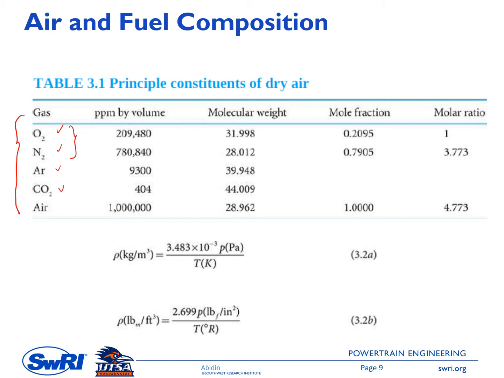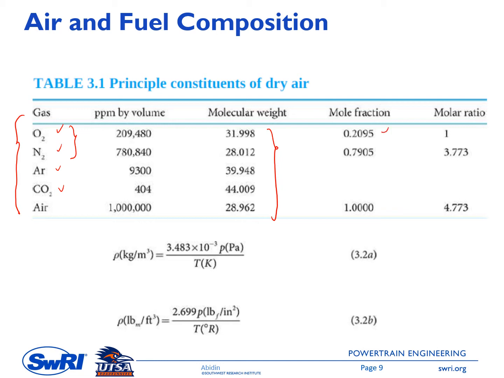The second column here is showing the portion in ppm by volume, and this one is the molecular weight. For oxygen we have 31.998 exact number, and then nitrogen we have 28.02 and so on. Because of the small content of argon and CO2, we can assume that dry air only contains oxygen and nitrogen.